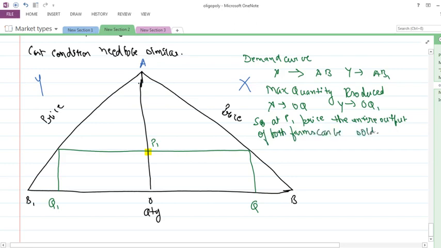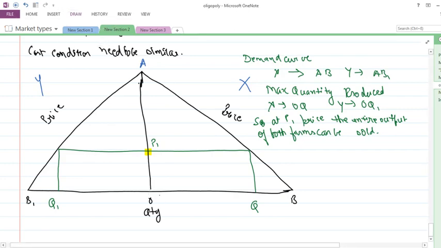Now the price that will be fixed by the firms would be OP1. Okay, OP1 would be the price that would be fixed.